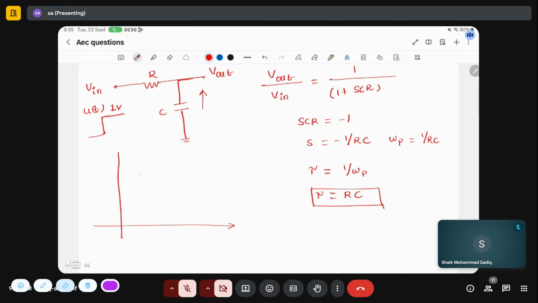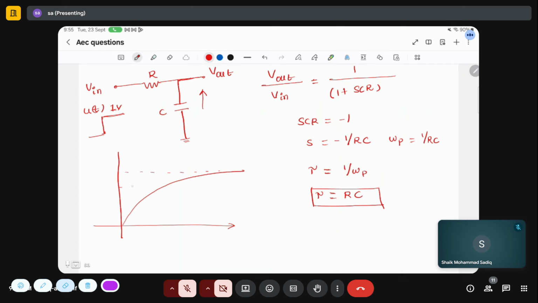It has to charge up to 1 volt. It won't charge immediately, rather it will rise gradually. Time constant is the time where it will reach 63% of the final value.